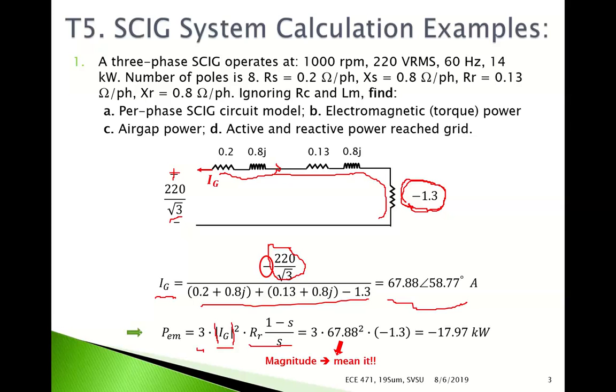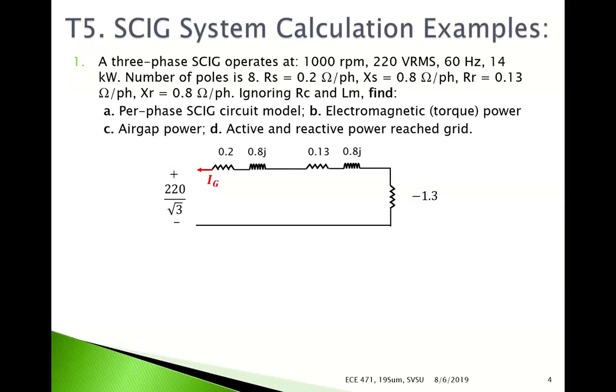So it ends up with -17.97 kilowatts of active power, and the negative sign indicates delivering power from the generator to the grid, making perfect sense.